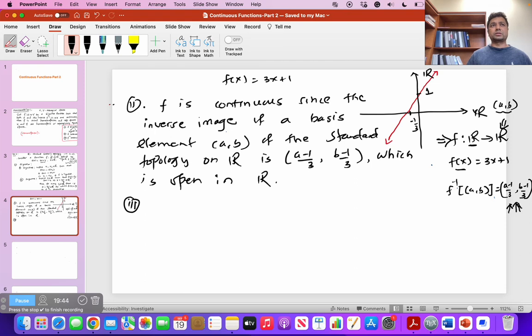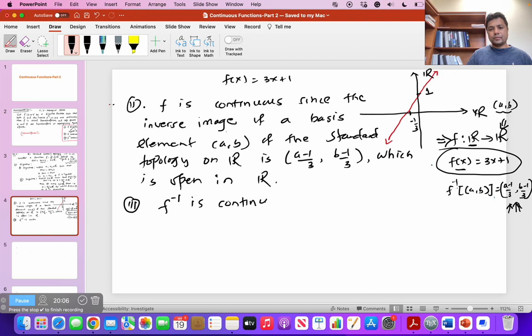Also it has to satisfy the third condition, and the third condition is that the inverse of this function, the inverse of f of x equals 3x plus 1, has to be continuous. F inverse is continuous.